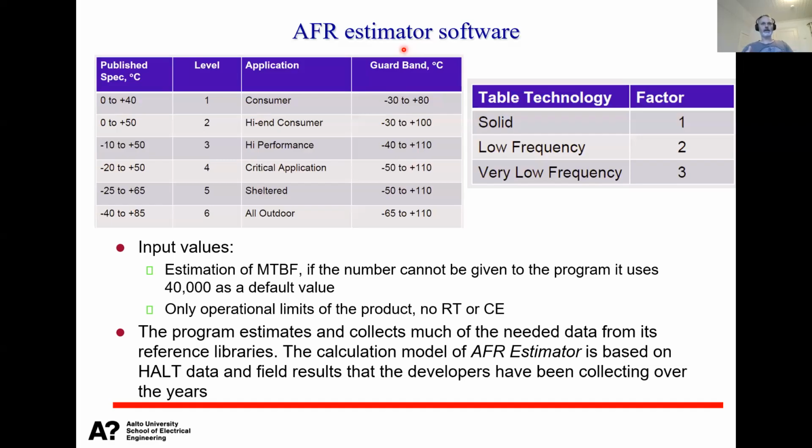And of course, these kinds of things are very good for comparing things. So now if you have several different products, different product categories, several different test results, and you already have obtained field data, then it could be really useful to see whether this new product generation or new design will be more reliable or less reliable.